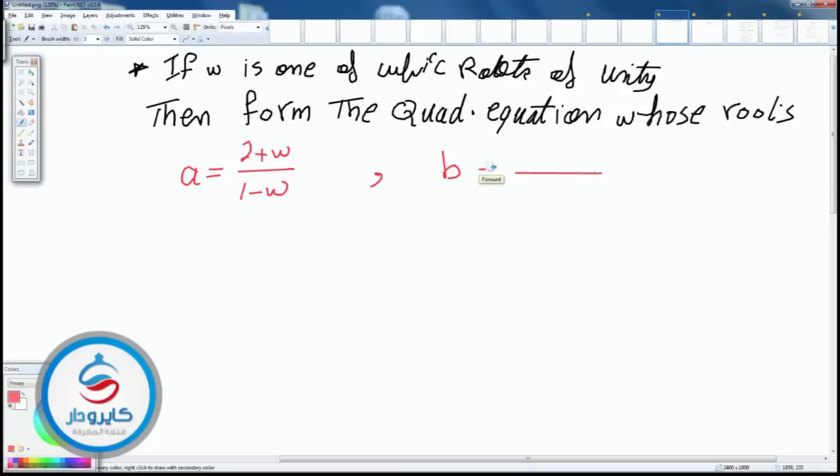The second root is b equals 2 plus omega square over 1 minus omega square.